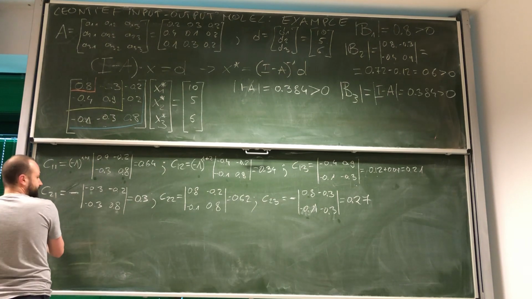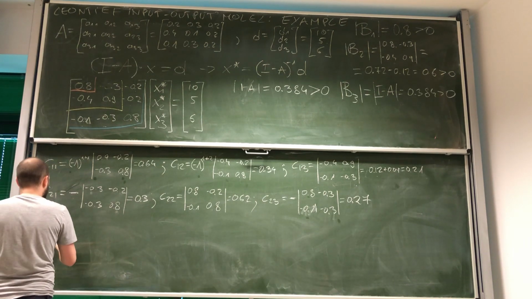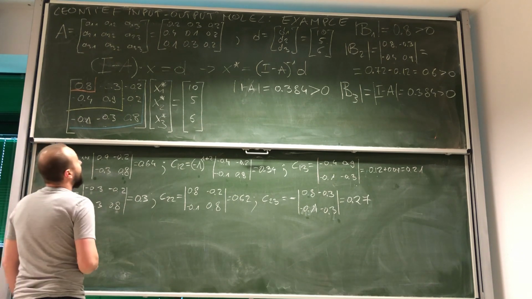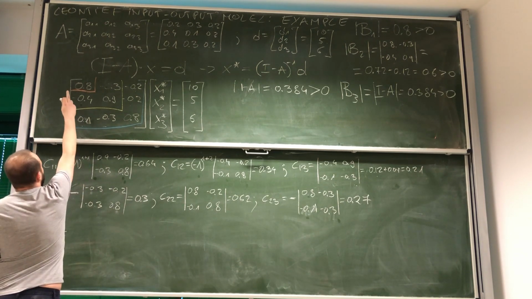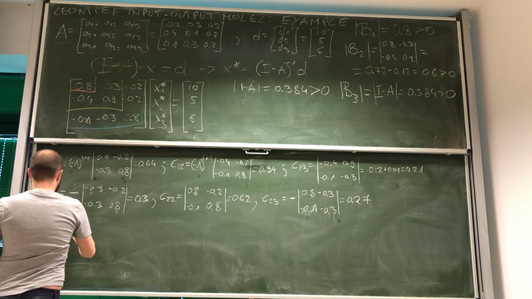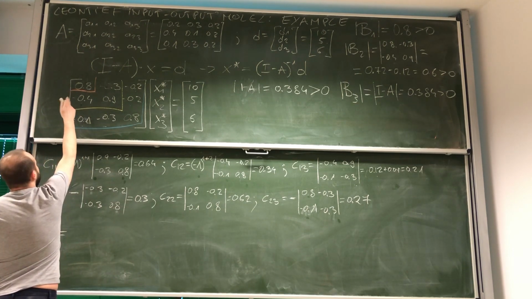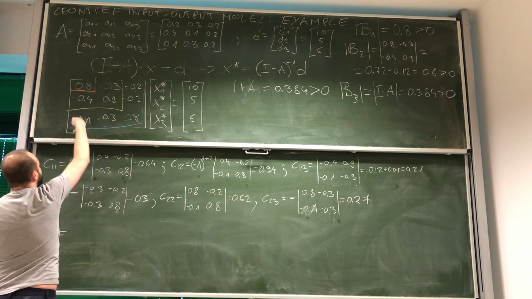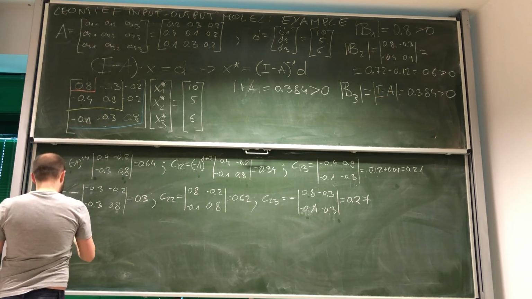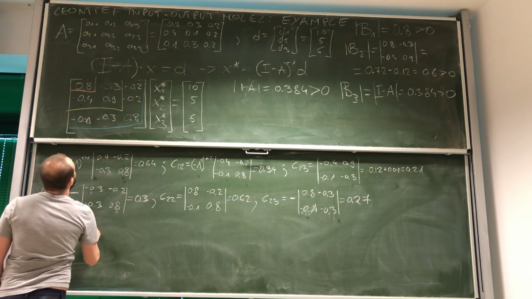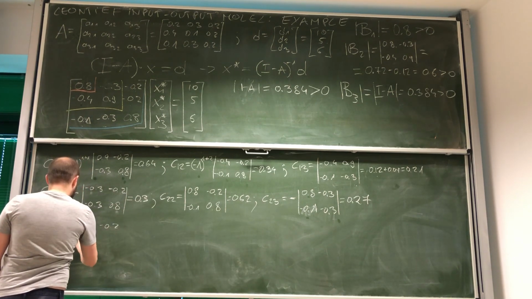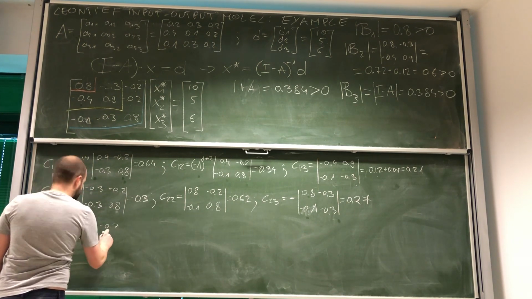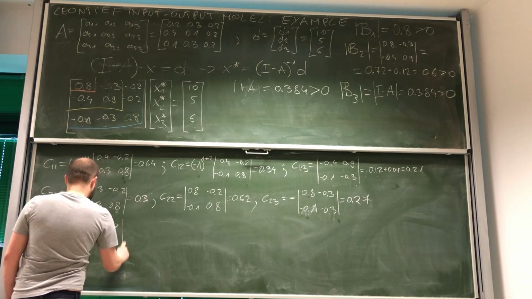Okay, then we've got C31. So we delete, of course, first we will have plus. We delete third row, first column, and we've got negative 0.3, negative 0.2, 0.9, negative 0.2.